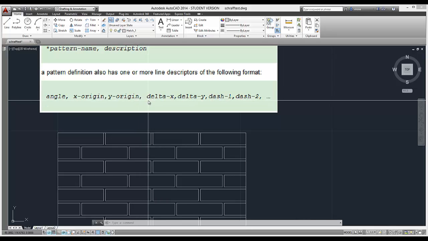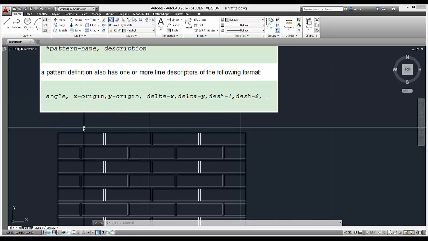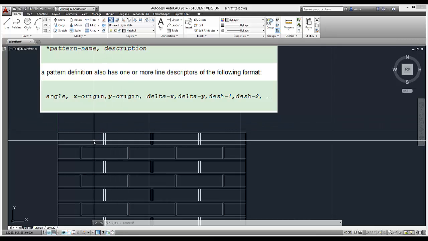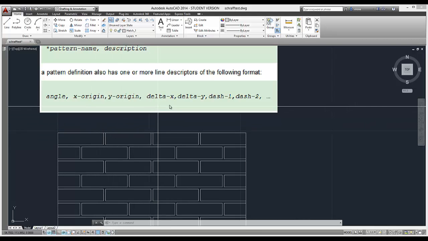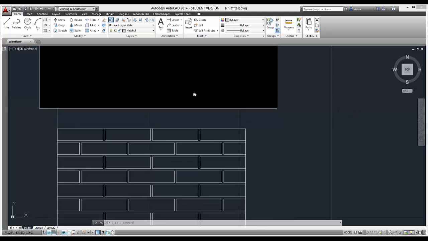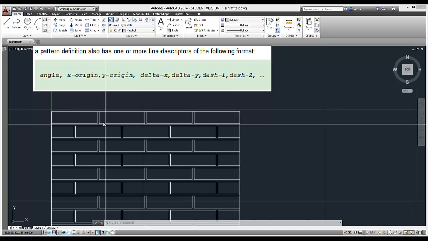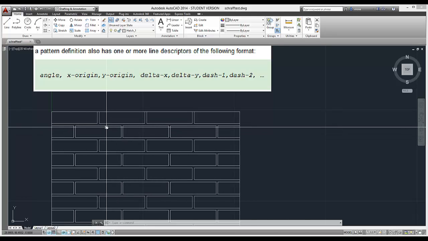Then delta x is a sort of offset. So if I started with this line here, then delta x basically tells it that as it moves on, it should be shifted by a certain value. And the delta y value is the distance between the lines.